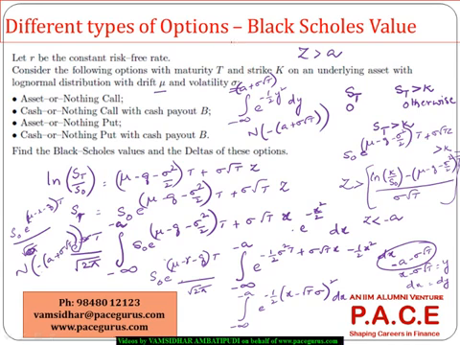So the overall payoff in the case of an asset-or-nothing call goes as S0 times e power (mu minus r minus q) times t times N of minus of (A plus sigma root t).